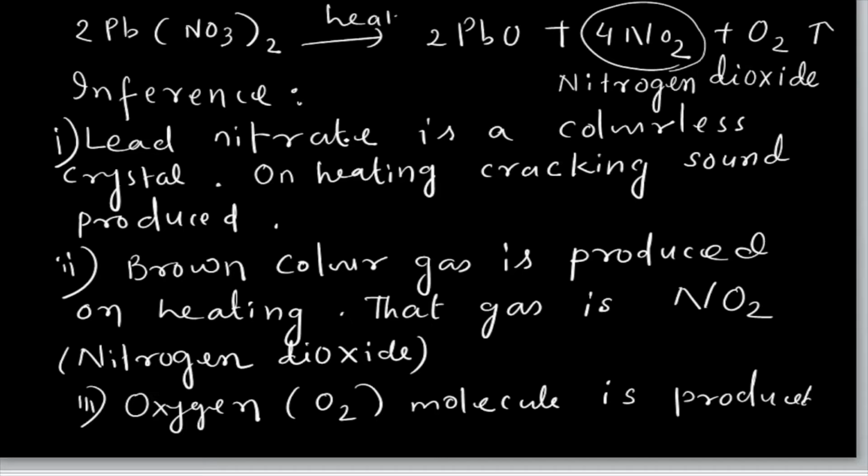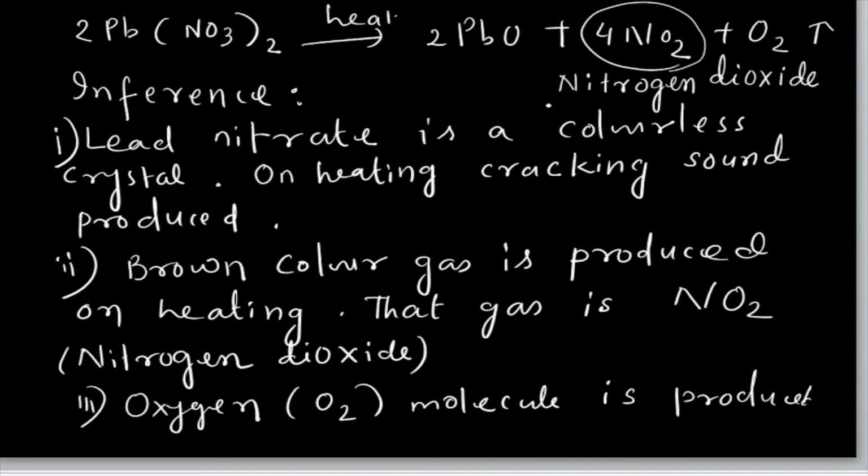Conclusion: lead nitrate is a colorless crystal. On heating, it gives a small continuous sound called a cracking sound. A brown gas is produced on heating, and that gas is nitrogen dioxide, NO2.